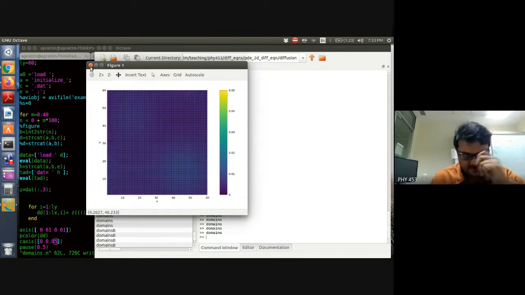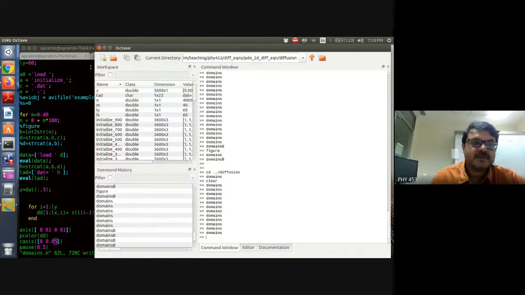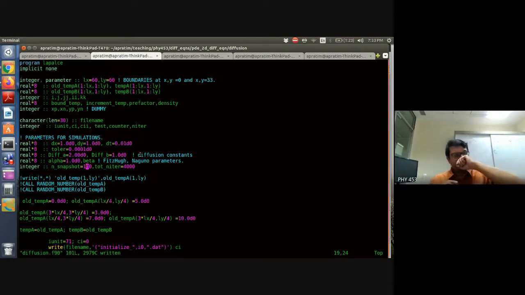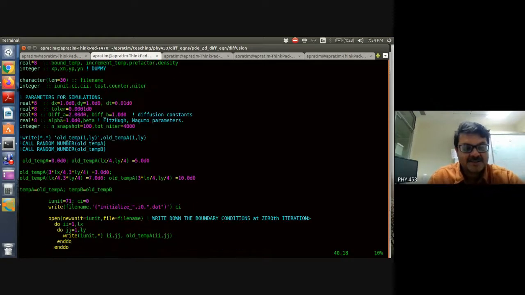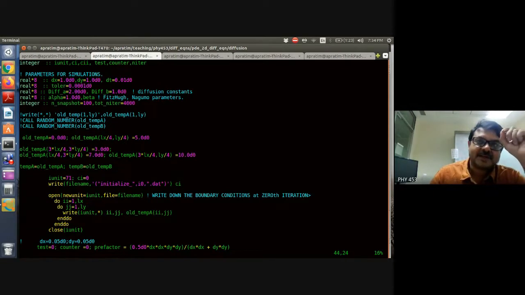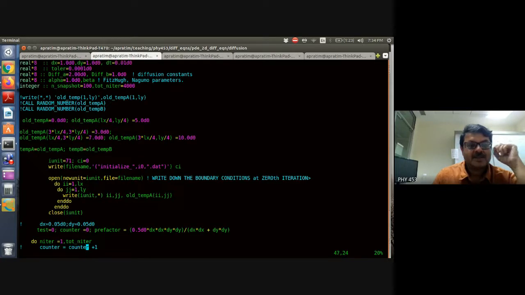Now suppose, here we started with 4 droplets, but suppose at a certain point in space, we add liquid. As the simulation goes on, as the system tries to diffuse from the initial condition all over the lattice, suppose there's a pipe somewhere at 15, 15, and we keep adding liquid at 15, 15.